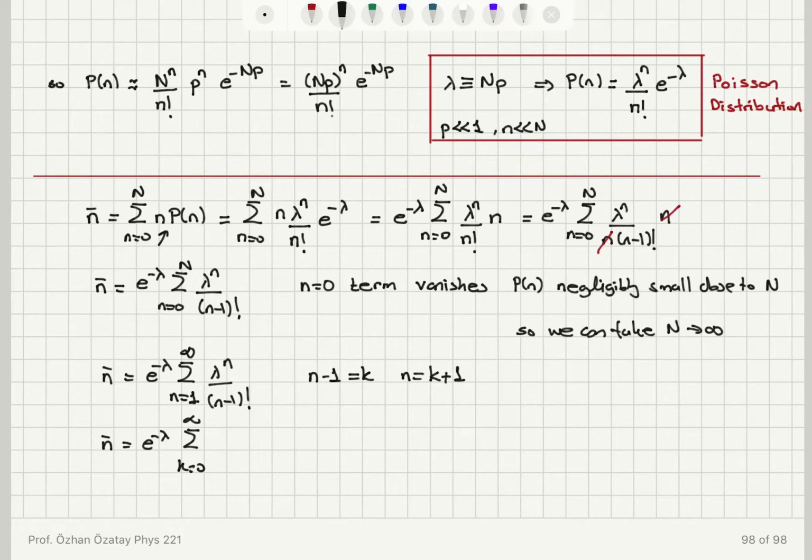So it starts from 0, goes to infinity, lambda to the power k plus 1 divided by k factorial. So this is going to be lambda times e to the minus lambda, summation from 0 to infinity, lambda to the power k divided by k factorial. Now I'm wondering what this is.